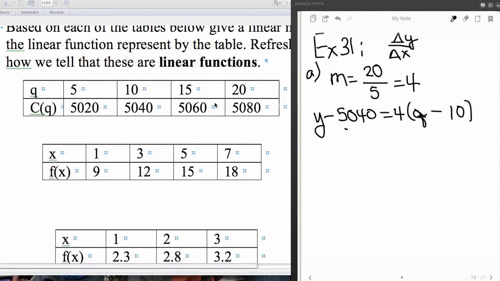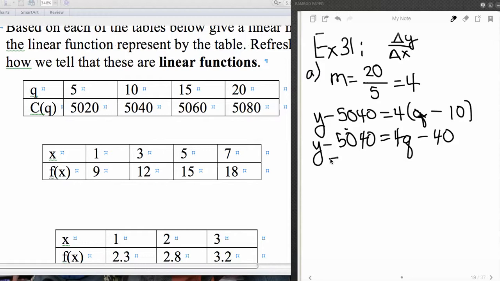So our independent is q, c of q. And so now I'll do distributive properties. So y minus 5,040, and then we have that equaling, and we're going to distribute the 4. So we have 4q, and then minus 40.